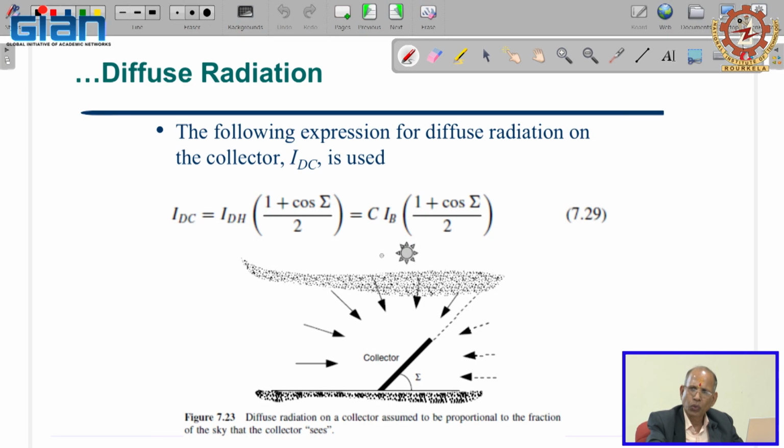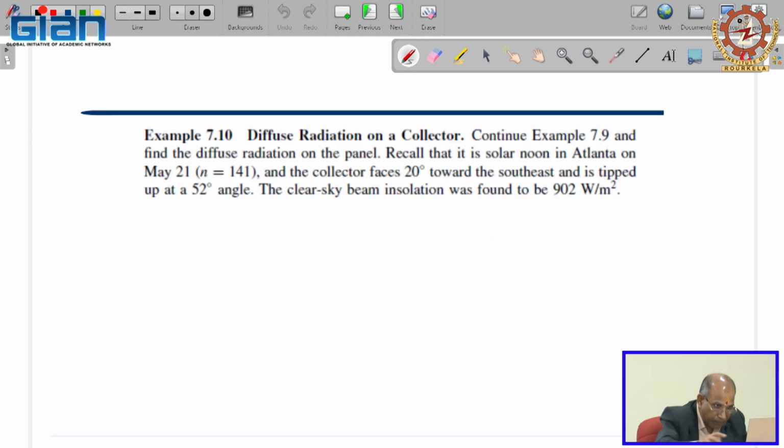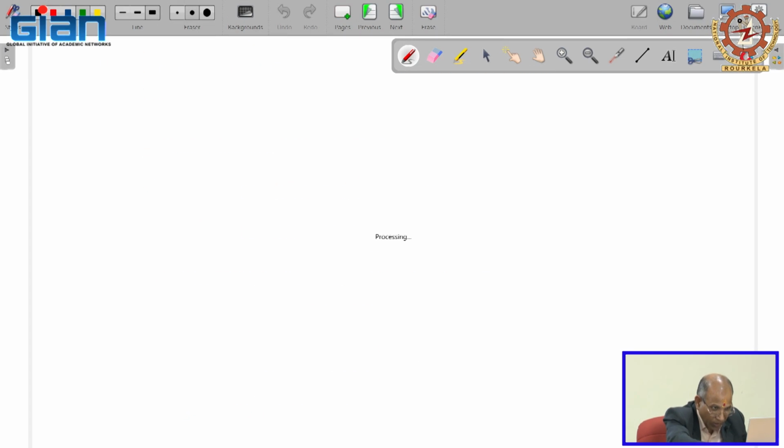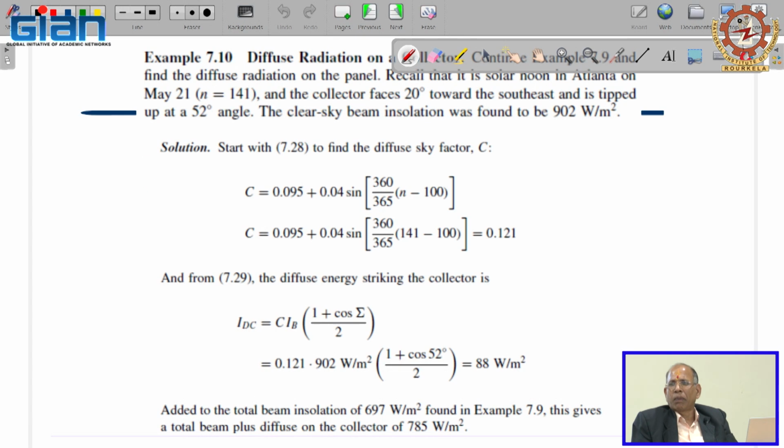So this is how you calculate the diffuse on the collector. The calculations are given. That's the great part of the book: for any formula you are using, you can do some calculation and have confidence that what you understood is correct.